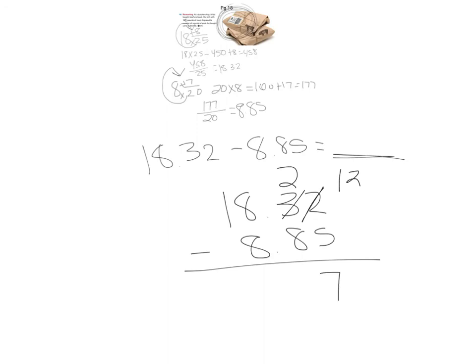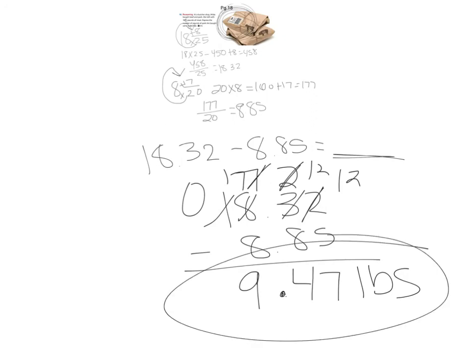Can we do 2 minus 8 after we borrow that 1 from the 3? No, so that 2 has to become a 12. We have to borrow 1 from the 8. 12 minus 8 is 4. Can we do 7 minus 8? Nope, so we have to borrow 1, and the 1 makes a 0. 17 minus 8 is 9. So the total amount of pork is 9.47 pounds.